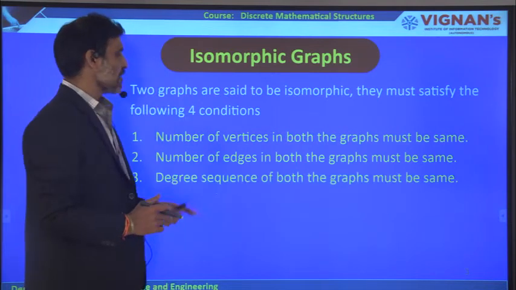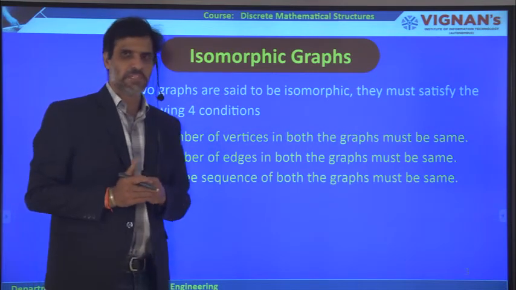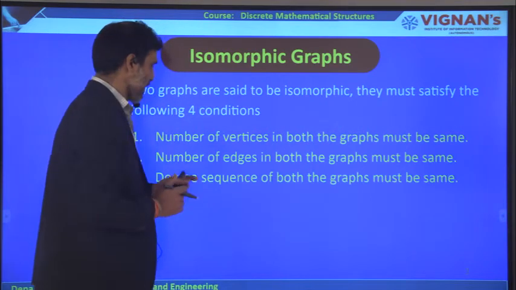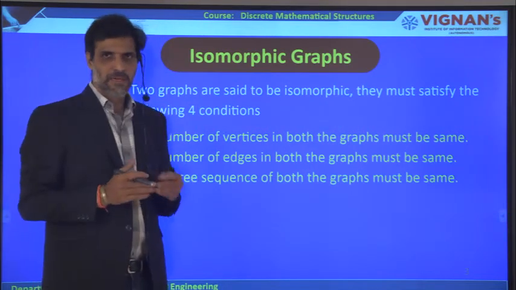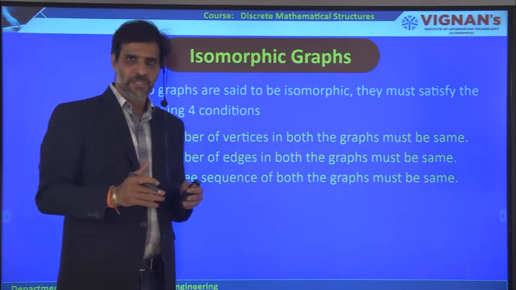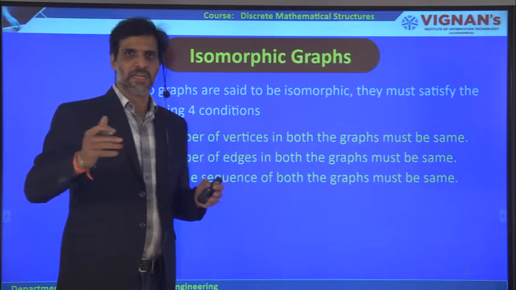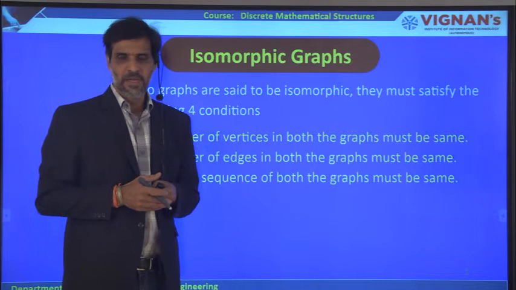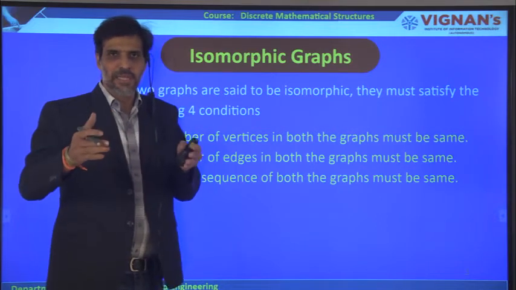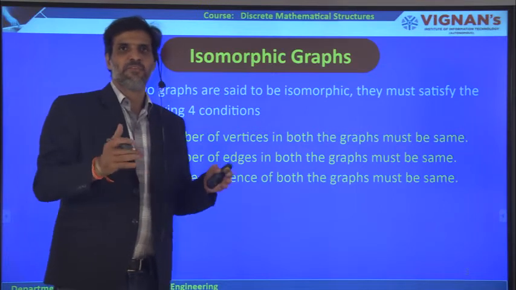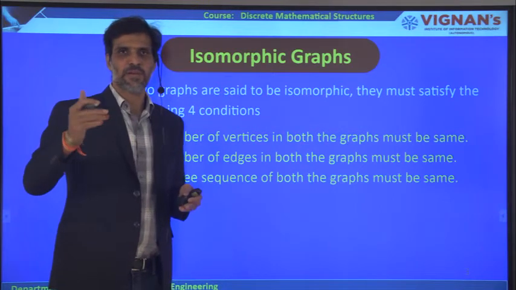Third, the degree sequence of both the graphs must be the same. What do you mean by degree sequence here? The way you take the order of the vertices of the first graph and the second graph, we will discuss how to take the order. Once you take them in a particular order, suppose in the first graph there are 4 vertices, V1, V2, V3 and V4.